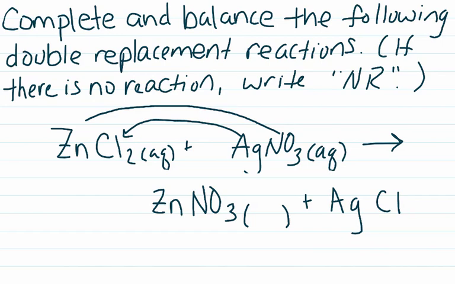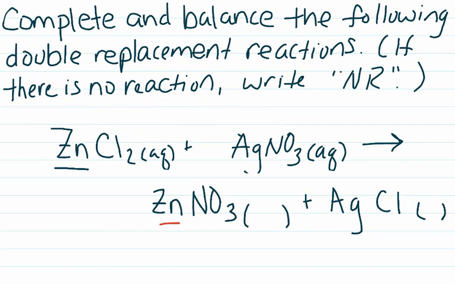Now, because these are both ionic, we need to determine the charges. Zinc is a transition metal, so you can't look at the periodic table and determine what the charge of zinc is. But what we can do is look over on the reactant side here and determine what the charge is. We know from the periodic table that chlorine has a -1 charge.